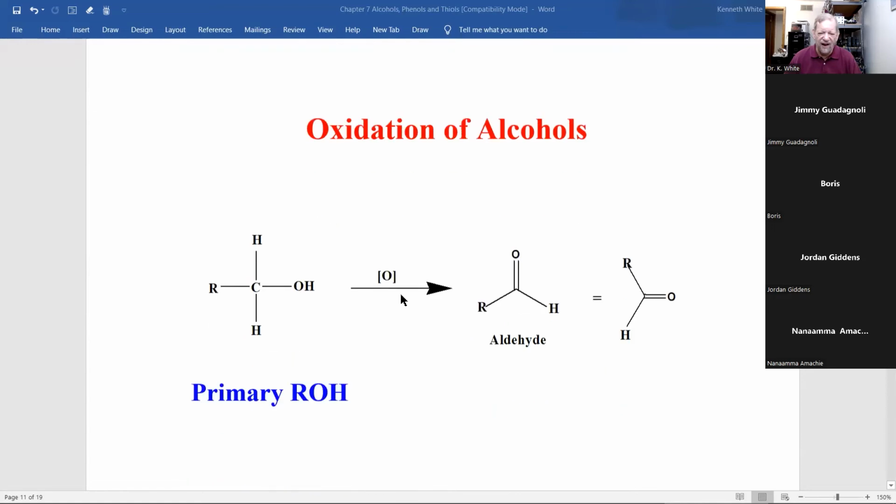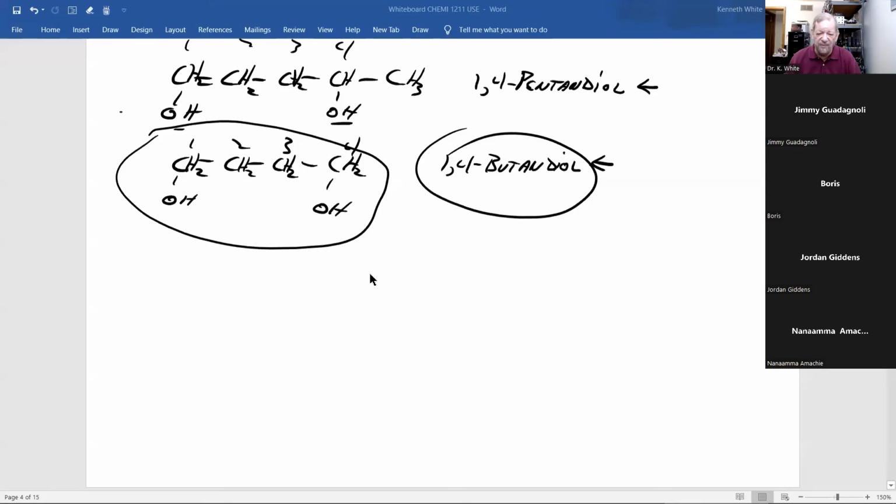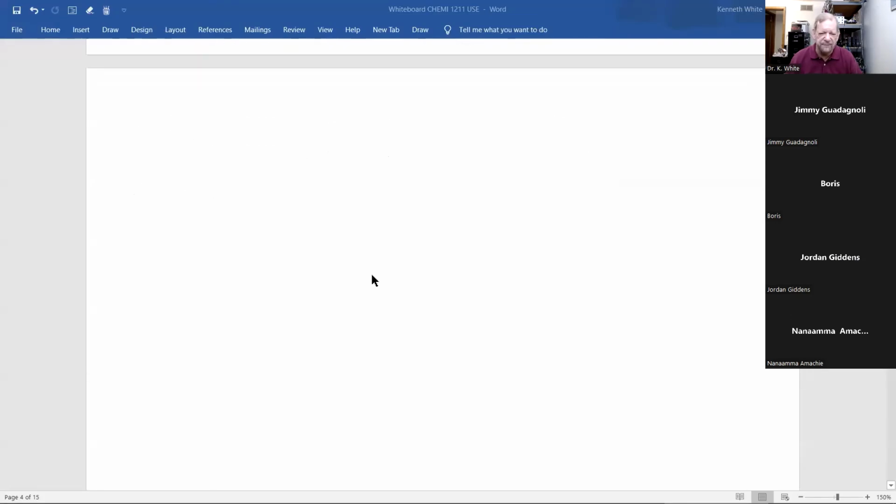Now, before I move on to this part, I'm going to talk about something. Will this be on a test? No. But it's background information you should know about, and that's the types of alcohols.